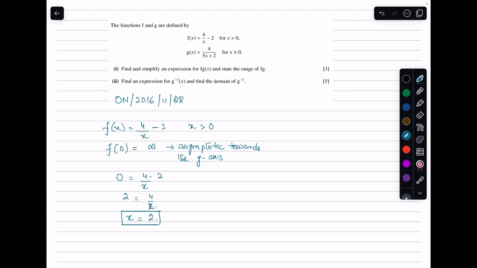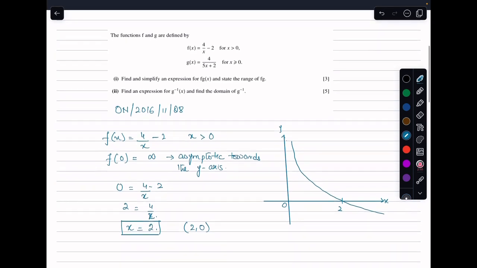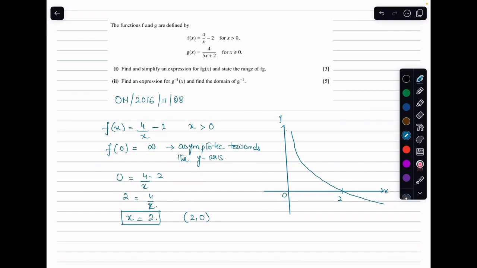That means if my y is 0, my x-intercept becomes 2, and the graph for this kind of function would be asymptotic towards the y-axis, and this is how my graph should be moving. So this is the sketch of the graph for the function f of x equals 4 by x minus 2. This part was done just for the sake of explanation.